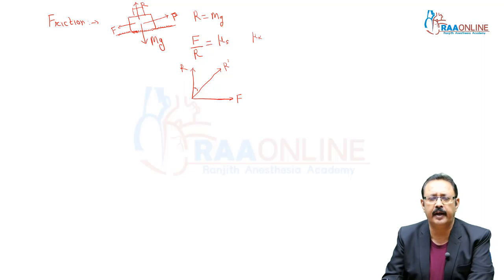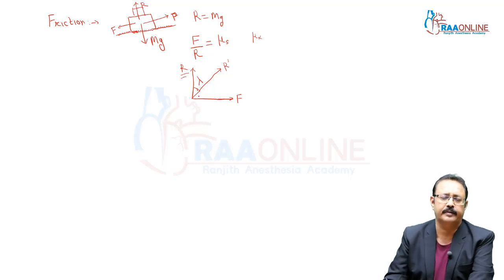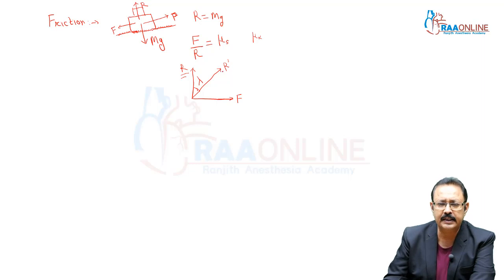If it is making an angle lambda with the normal reaction, it is known as the angle of friction. Since these are the components and it is the resultant, its component in this direction should be F. So F should be R dash sin lambda, resolution of vectors.